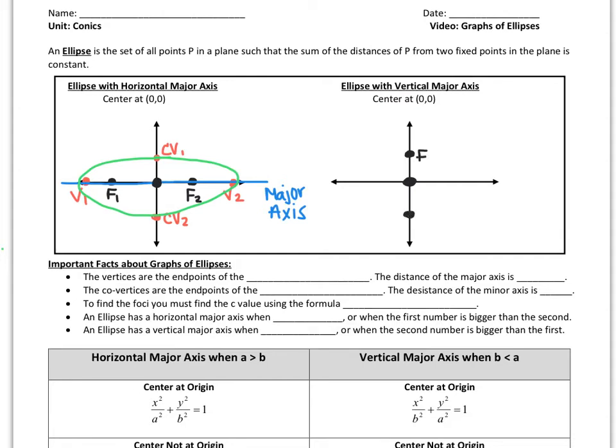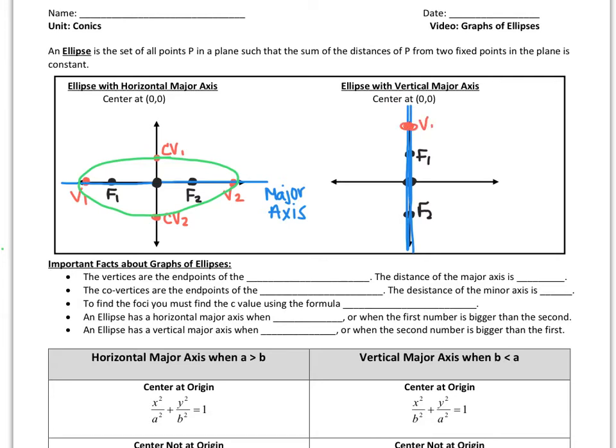So we will call this F1 and we will call this F2. And just as before, see how our foci are on our major axis? Here, my major axis is right here through those two foci. That's my major axis.